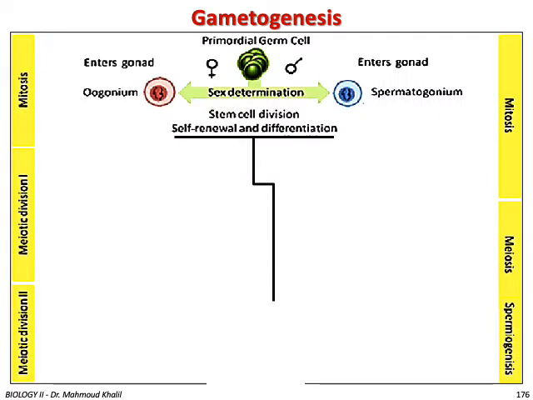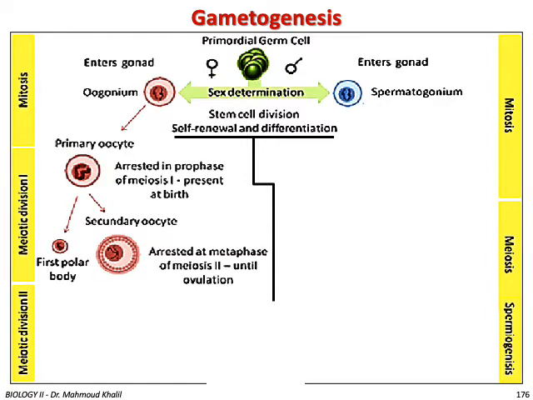As we said, the process of development starts with gametogenesis, either oogenesis or spermatogenesis. In oogenesis, it starts with the primary sex cells, which are the oogonia. These oogonia, through mitosis, increase in number.